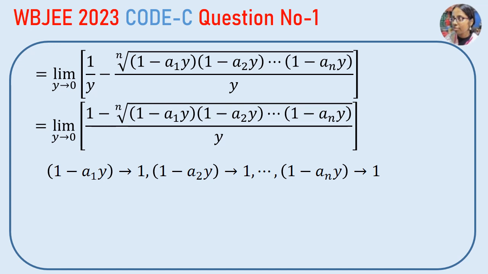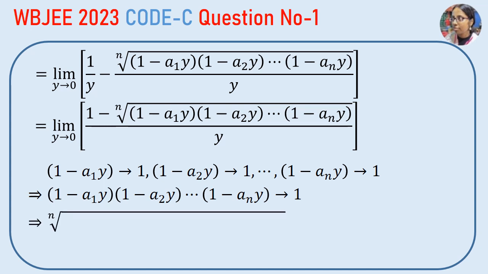Therefore, the product (1 minus a1y)(1 minus a2y)...(1 minus any) goes to 1 also, and this implies that the nth root of it goes to 1.